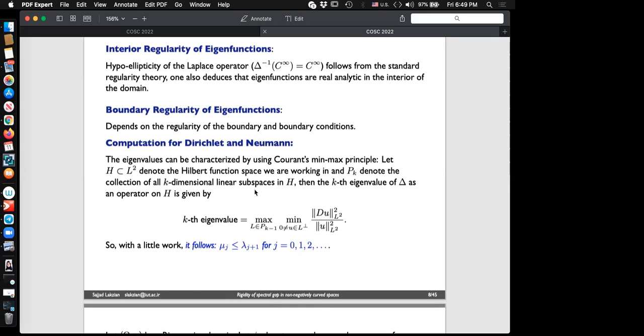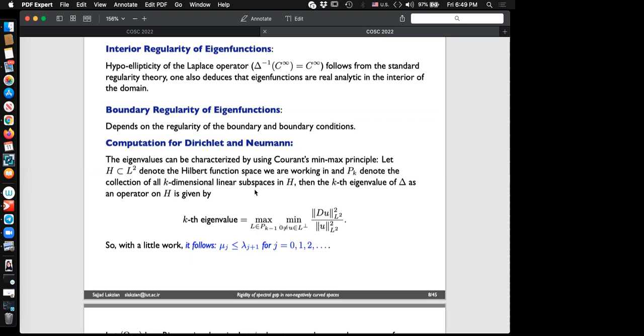As for the computation, there is the Maximin principle of Courant, which basically is, for the first one you just minimize the Rayleigh quotient, but for the next ones, as you know from linear algebra, you have to exclude the directions that you have already discovered in your eigen directions, and then minimize over the complement of that space and then maximize.